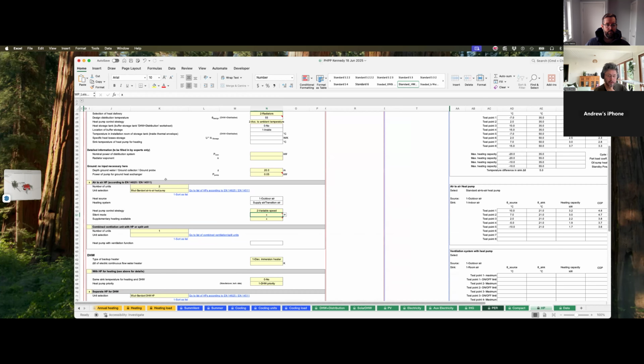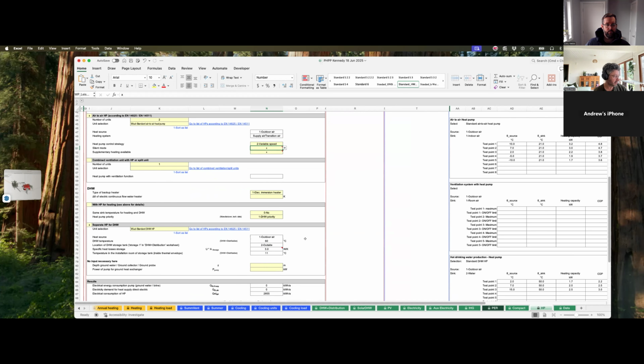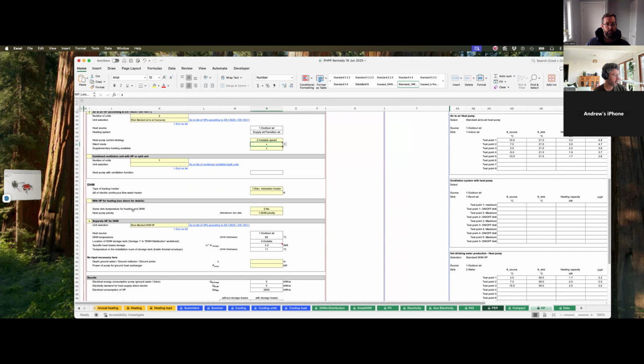What I will need to do is get the actual units that we're installing, and it's really complicated, need to get all the test point data from them and enter that, and you can see it all over here. It's a nightmare. They give it to you in a number of formats, and you've got to put all these formulas in, and the formula is different for each format. Same with the hot water heat pump. I've just got the default in at the moment.